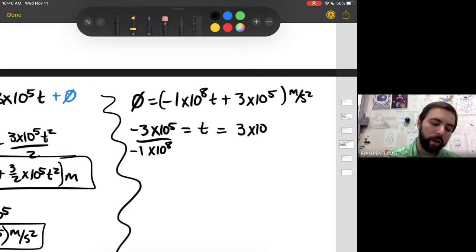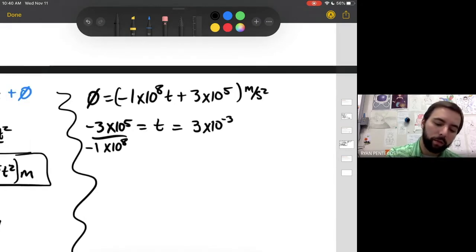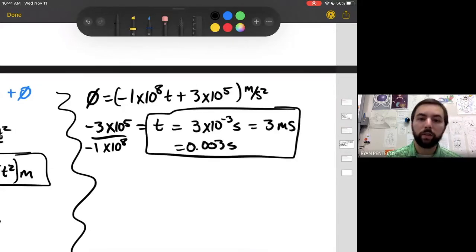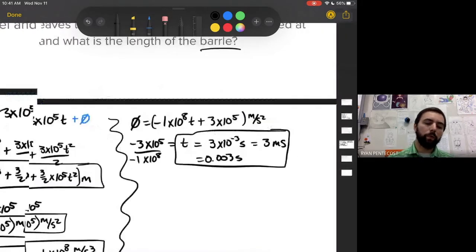Then you take 5 minus 8. You take the top minus the bottom in those exponents, and that would give you negative 3. 3 times 10 to the negative third seconds. That is 0.003 seconds. Or anytime you see 10 to the negative third seconds, you can call that milliseconds. All of that is acceptable. Good. So that's how long the bullet was being accelerated.